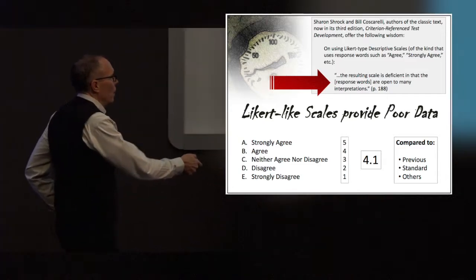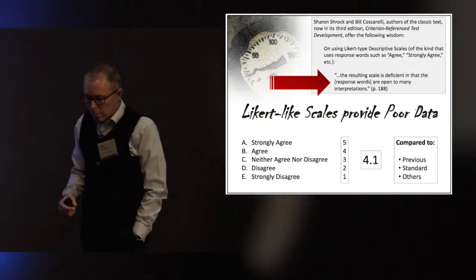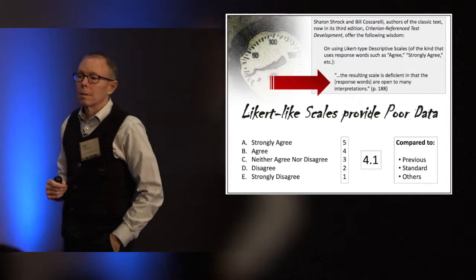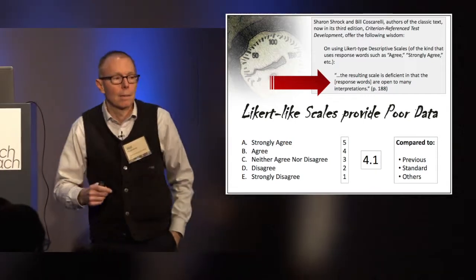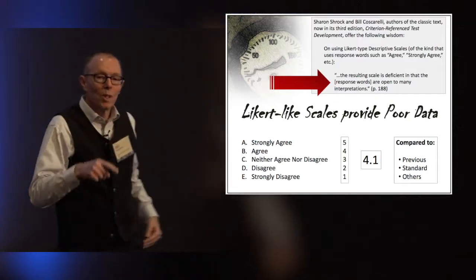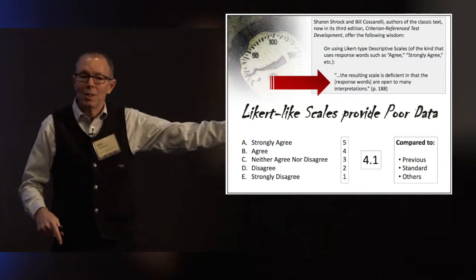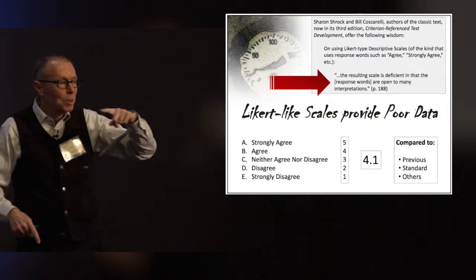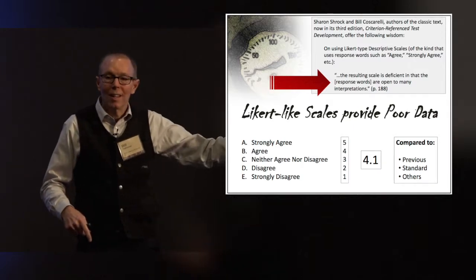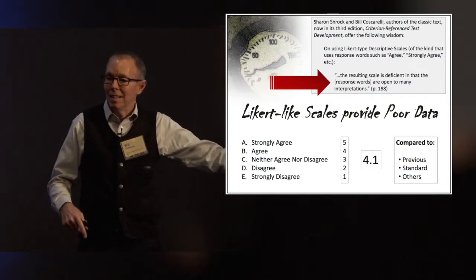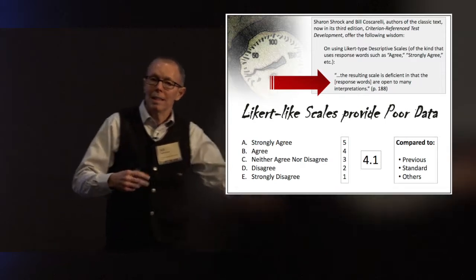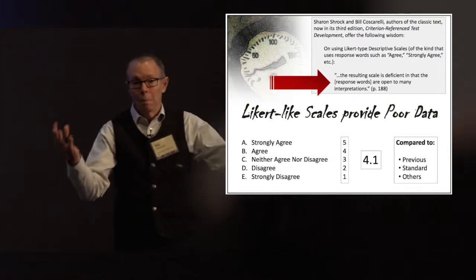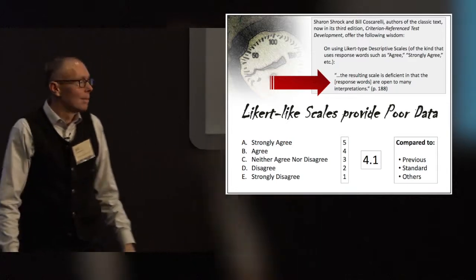We could compare it to our previous smile sheet results. Wait a minute though. We looked at those meta-analyses, right? Those previous smile sheet results are based on meaningless data. And so we're comparing meaningless data to our current meaningless data. That's not going to work very well.